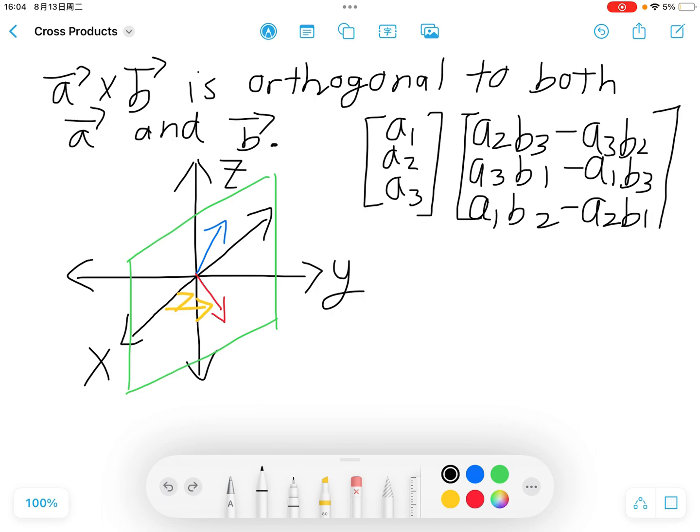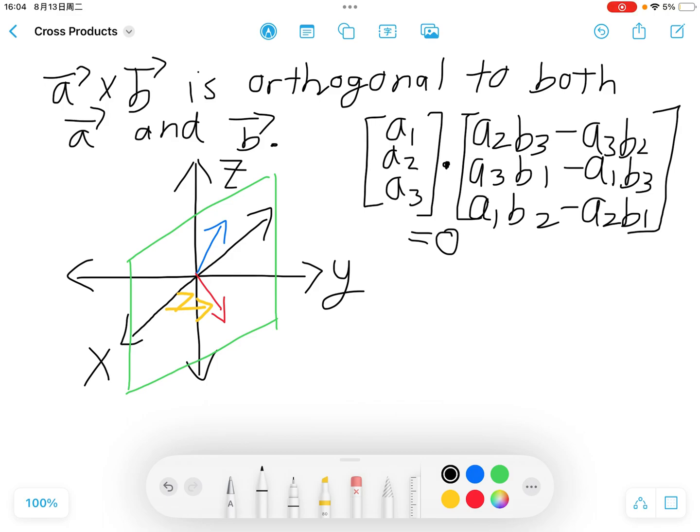So why am I writing vector A and the cross product of vector A and B together? Because if these two are orthogonal, then their dot product should be equal to 0. So how do we calculate the dot product?